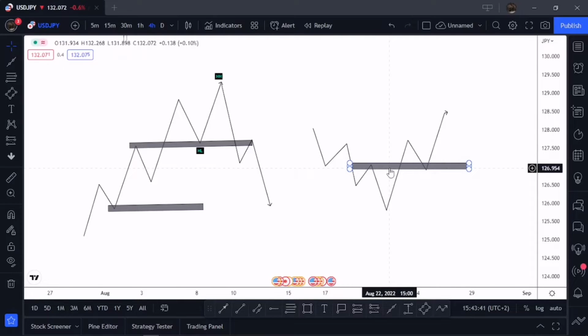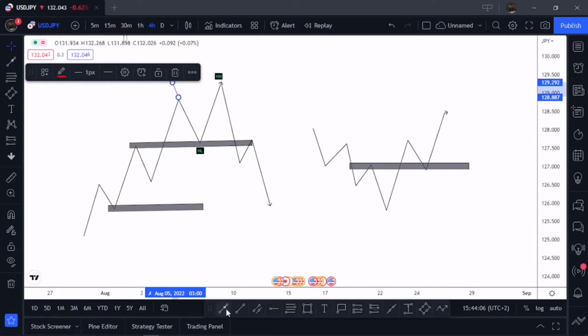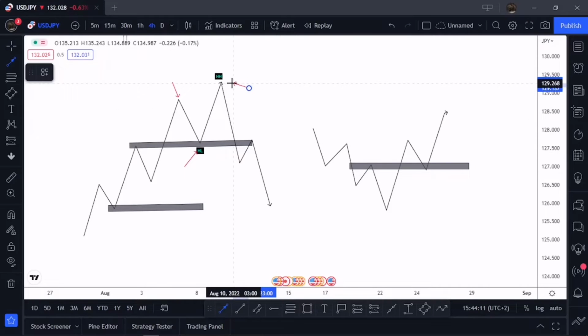With this, you can also call it a 1 to 5 structure, or QML, whatever you want to name it. But preferably the 1 to 5 structure, because now this point here will be our 1, this will be our 2, this will be our 3, and then this will be our 4.